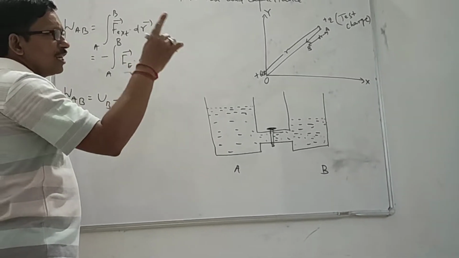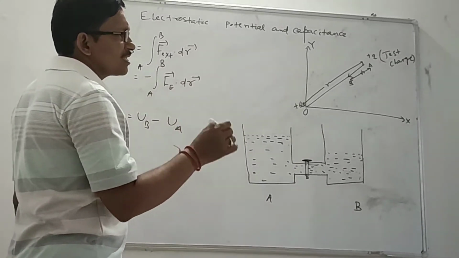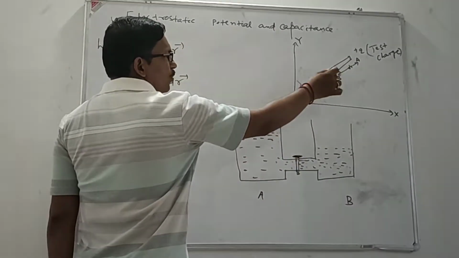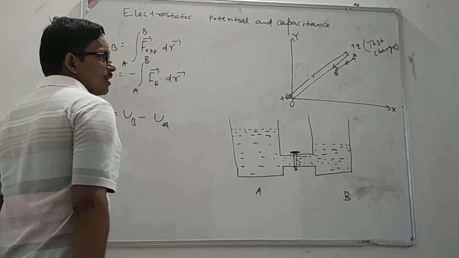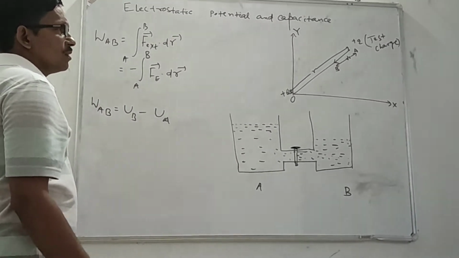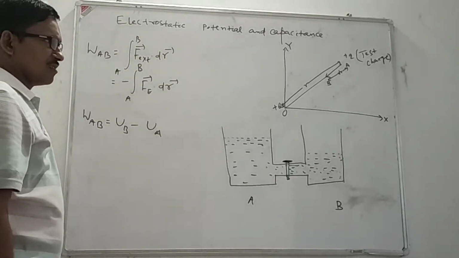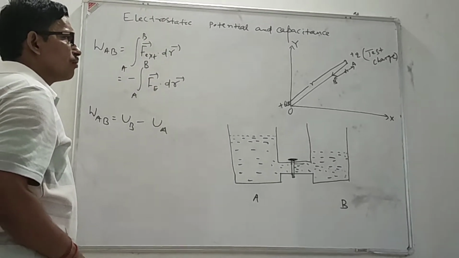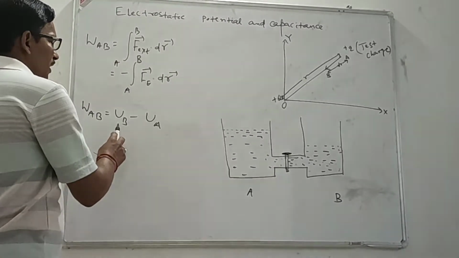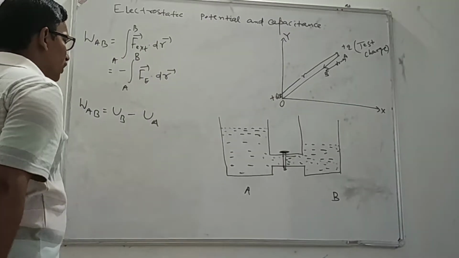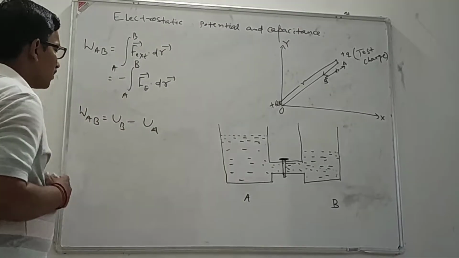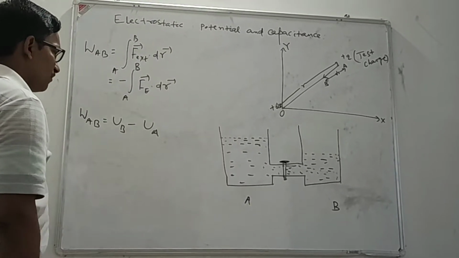Because inside the electric field, if a charge q is placed at point A, the charge has some energy. At point B, the charge also has some energy. When it is moved from A to B, its energy changes by an amount equal to the electrostatic potential energy difference, that is U_B minus U_A.